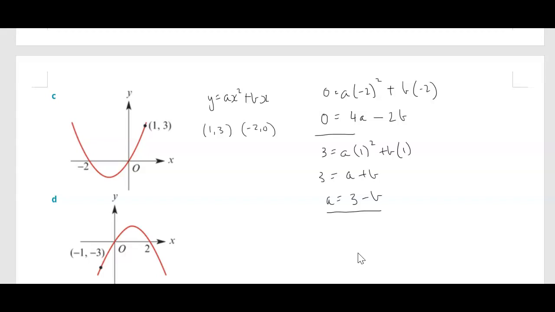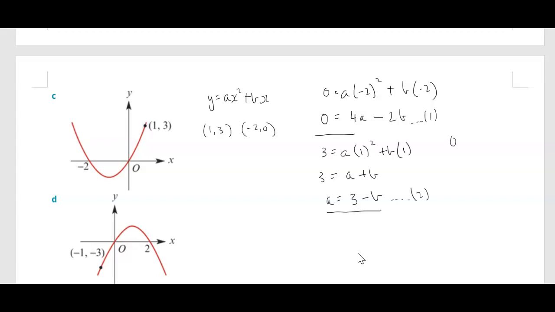All right, there's many ways you can solve these equations. I'm just going to substitute in 3 minus b for a. So this is our equation 1 and equation 2. All right, so I'm just going to substitute a into equation 1.